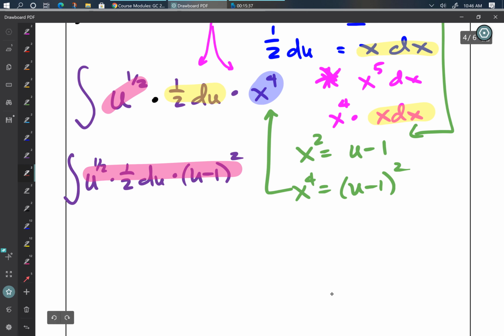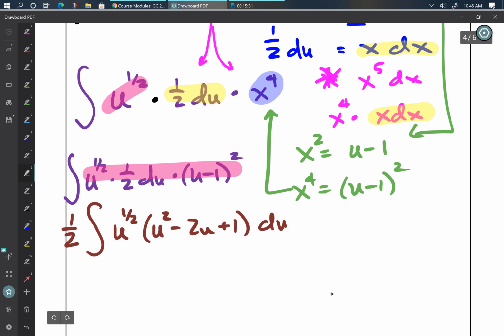So next step, algebra. I'm going to pull the 1/2 out in front of the integral because I don't want it there. I still have u to the 1/2, and it's going to be multiplied by u squared minus 2u plus 1 du. Now, if you're wondering where that trinomial came from, this trinomial is that binomial just squared. I just actually did the algebra of squaring it, multiplied it out.